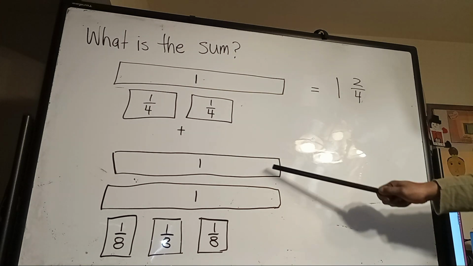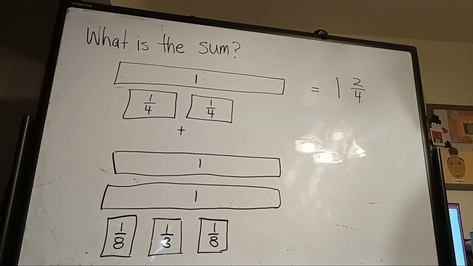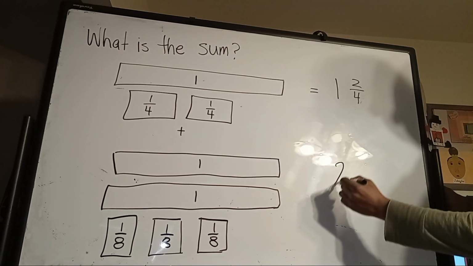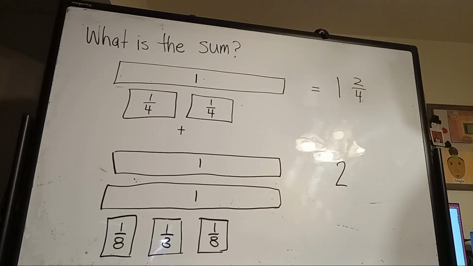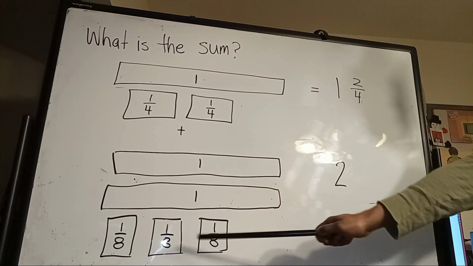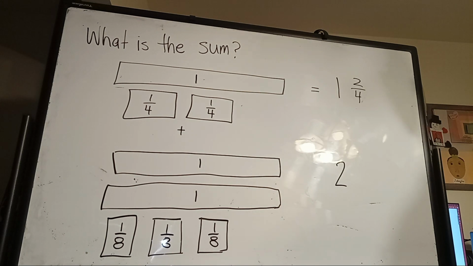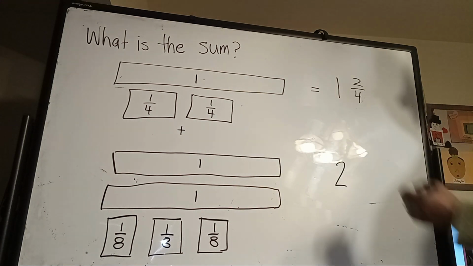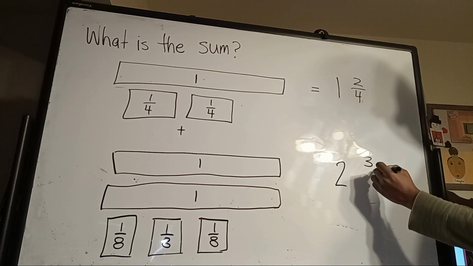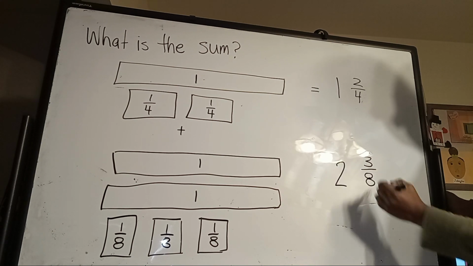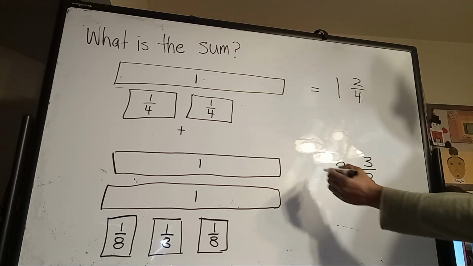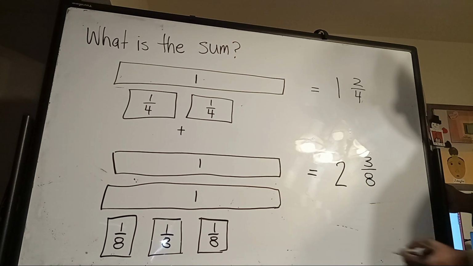We have 2 whole pieces, so that's going to give us a whole number of 2. Then we see we have 3 fraction pieces, and they're 1/8. And we have 3 of them, so that's going to give us 3/8. Easy enough, right? So that's the first thing we want to do, step 1.